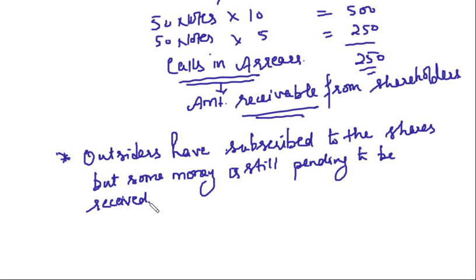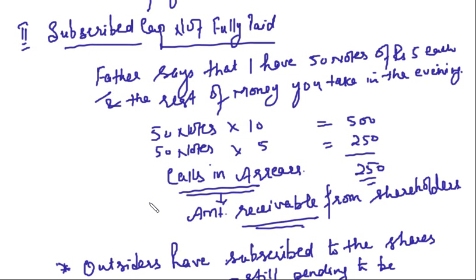Right? So this means that the outsiders have decided to subscribe to our shares, they have decided to buy our shares and pay the money, but till now we have not received the full money from the shareholders. Right? Clear? This much clear, friends? So this was subscribed capital not fully paid up.